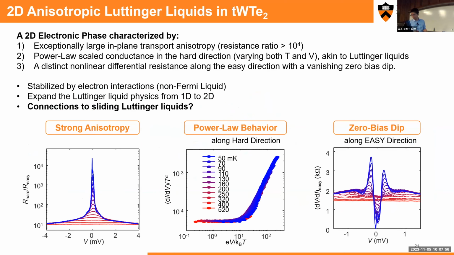So I want to give you a quick summary. For such a system, it actually shows a phase which has exceptionally large impedance transport anisotropy. And this anisotropy can have a resistance ratio of over 10 to the 4th. And the resistivity corresponding to this number is around 50.